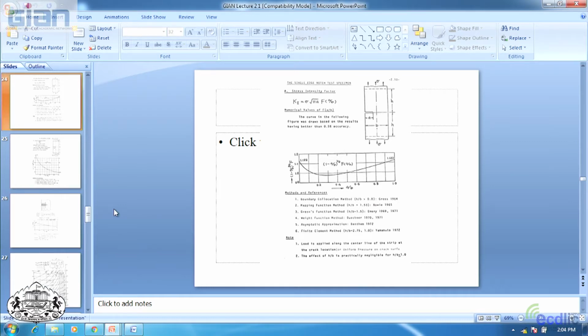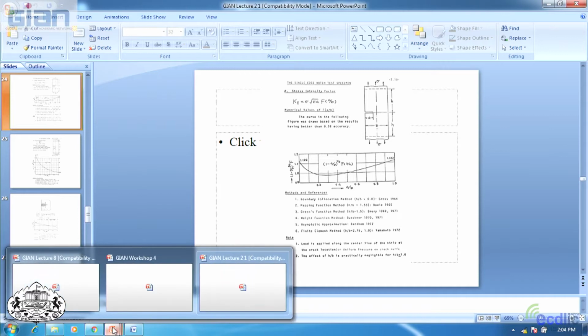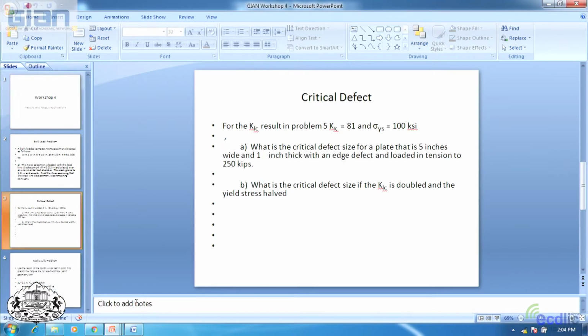You probably need to use this one, single edge crack. That's the geometry that I wanted you to use. So you could use that one, and you should have that on the handout. So I'll put back up the main thing here, and give you some minutes to work on that.